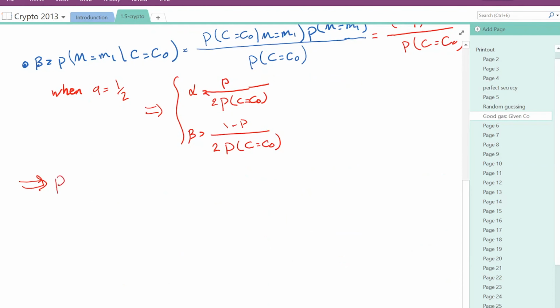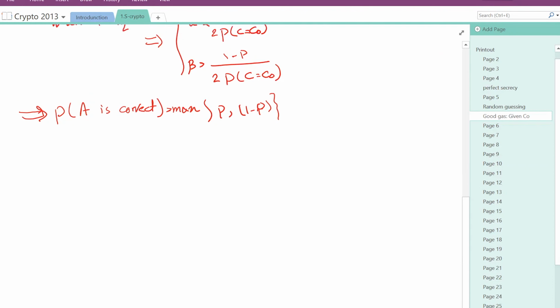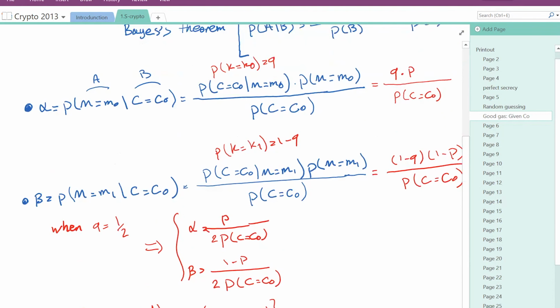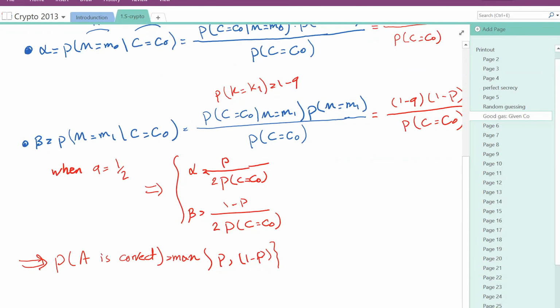So altogether, the probability of A being correct we can compute to be the maximum of P and 1 minus P, right? So the best strategy for the attacker to answer is, after doing all this computation, assuming for easier computation that the key is uniformly random, again going back to the distribution of the message space, remember?